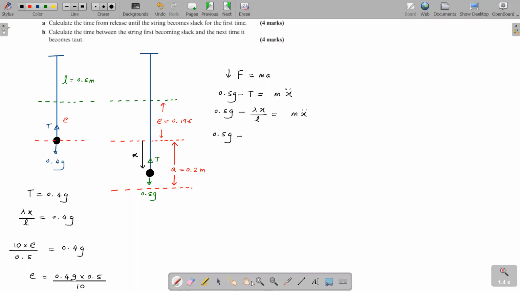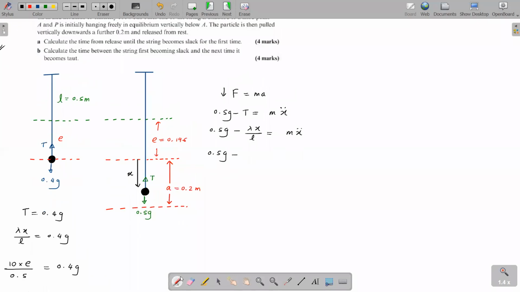Lambda is 10, right? Into x is E plus x. Guys, by now you know the extension is the length the string has stretched beyond its natural length. So beyond the natural length, it has stretched E plus the x amount, divided by the natural length L, which is 0.5. The mass is 0.4.